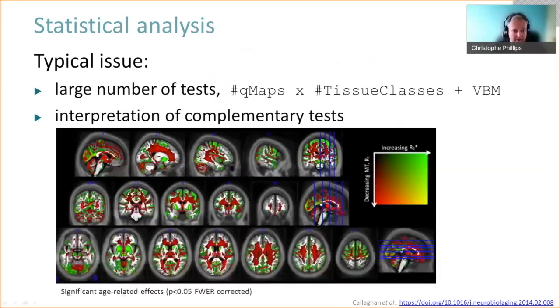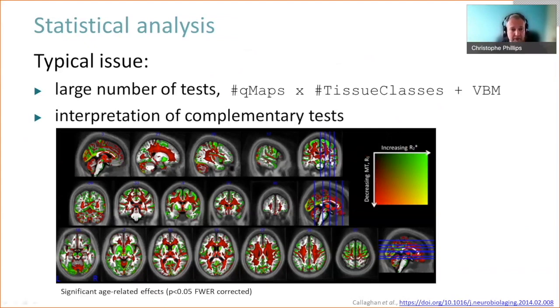For example, in this paper by Callaghan and colleagues, they studied the age-related effect, and this seemingly simple figure contains results for gray matter, white matter, and maps from the MT and R1, as well as the R2 star.